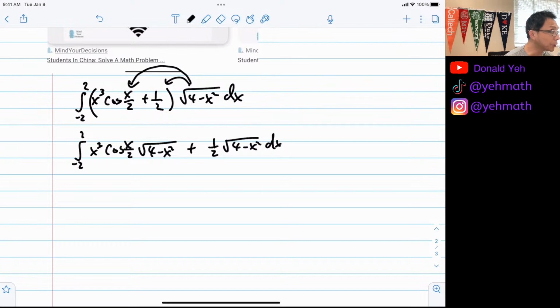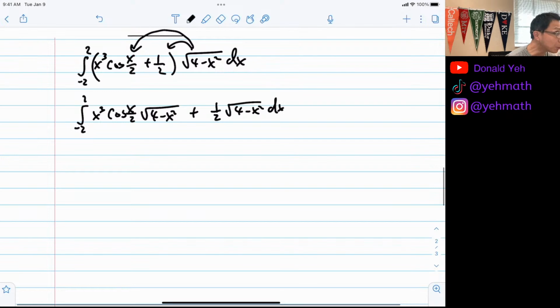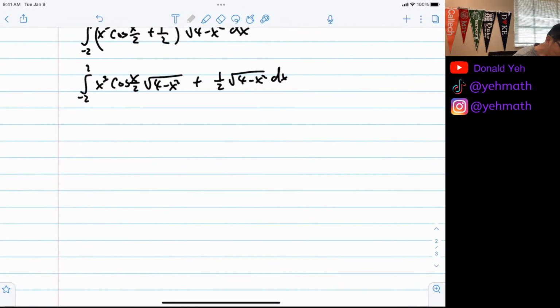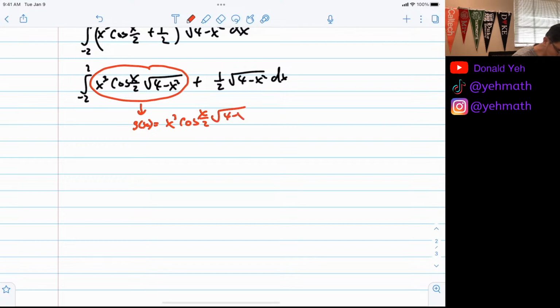Now let's review some algebra and geometry skills, not pre-calc skills. How do I tell if a function is even or odd? Do you remember? You plug in negative x. So we're going to see whether this function is even or odd. Imagine g of x is equal to x cubed cosine of x over 2 square root of 4 minus x squared.